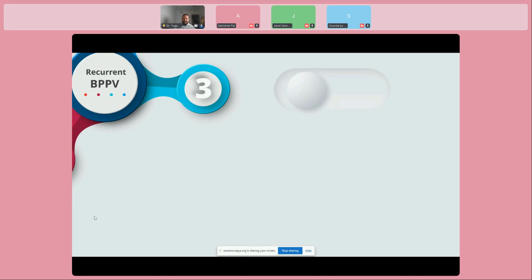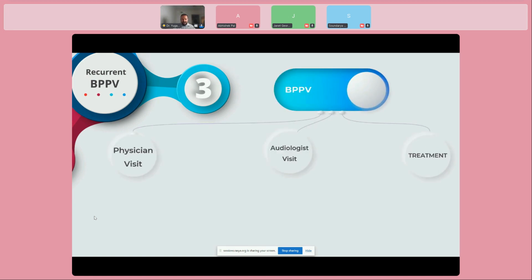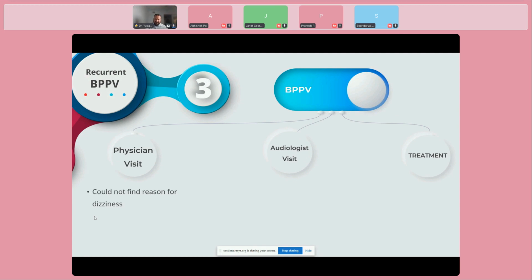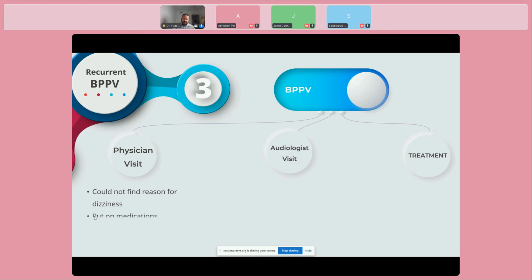So this patient again had multiple visits with a physician. Initially diagnosed as recurrent BPPV, but they could not find a reason for the dizziness apart from that. The patient was put on medications, but there was no help after those. She also visited an audiologist in February 2023 as a new patient.